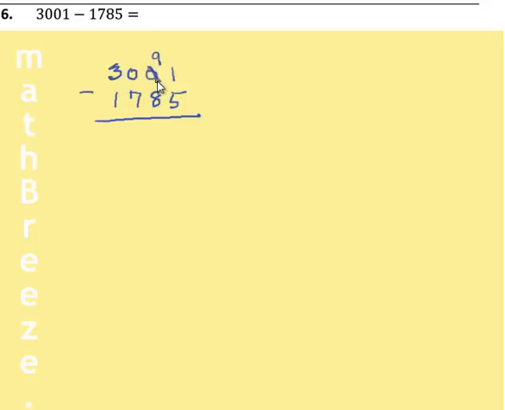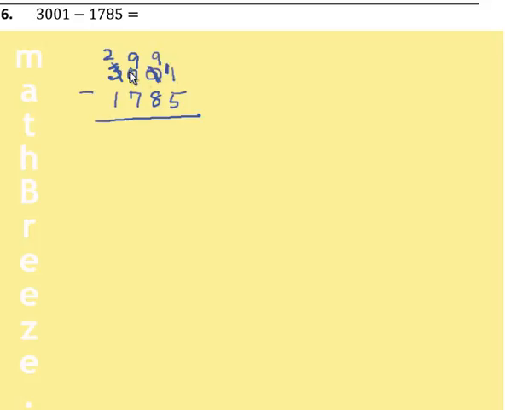Well, the next column is 0 again, so we're going to do the same thing, change to a 9 until we get to a column that is not 0 and we can borrow a 1. So let's change this to a 2. So we'll put our borrowed 1 right here.